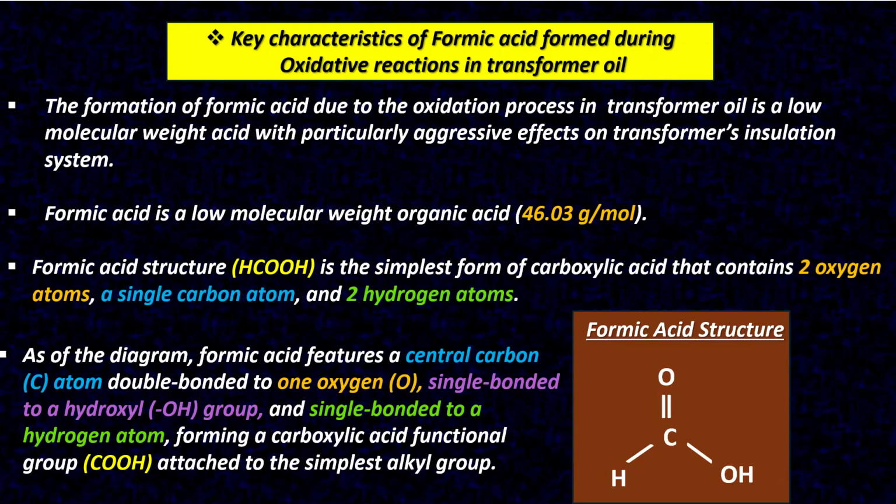As in the diagram, formic acid features a central carbon atom double bonded to one oxygen, single bonded to a hydroxyl group, and single bonded to a hydrogen atom, forming a carboxylic acid functional group, COOH, attached to the simplest alkyl group.